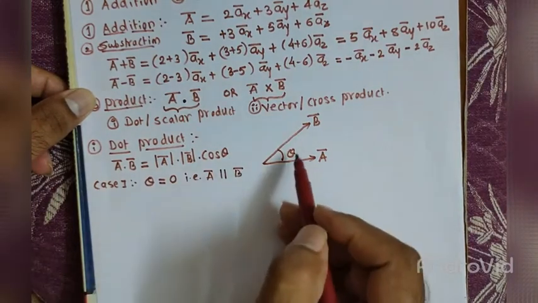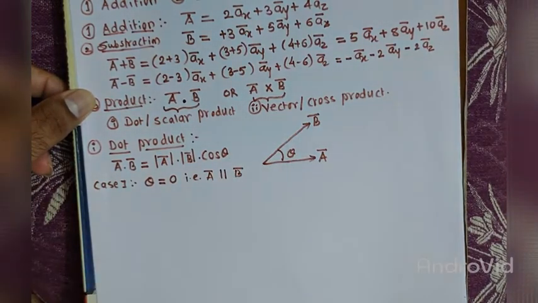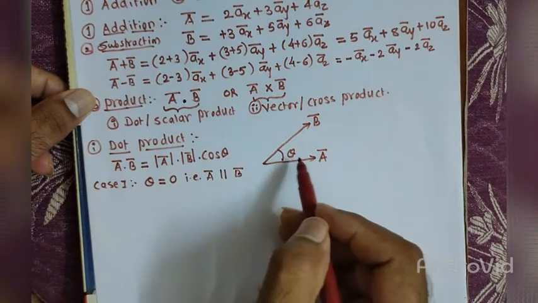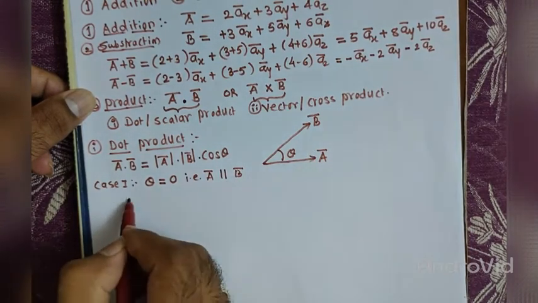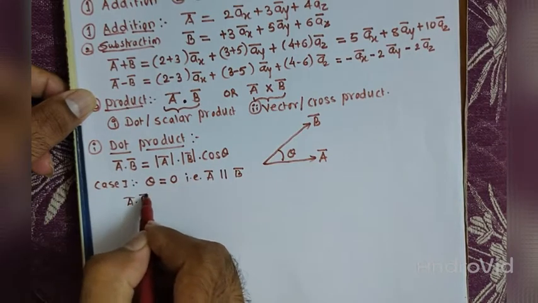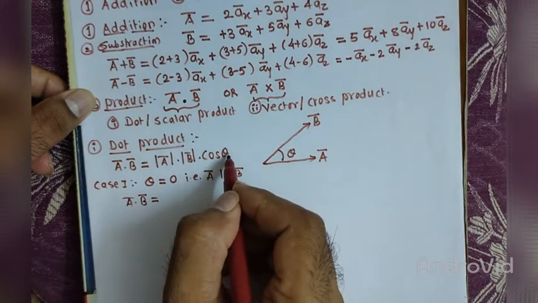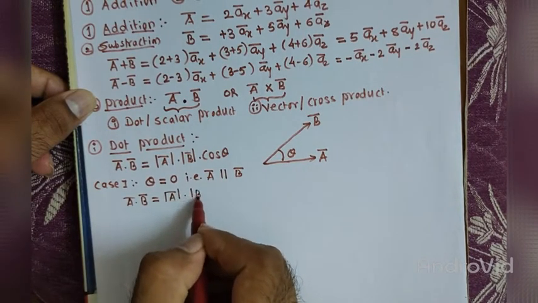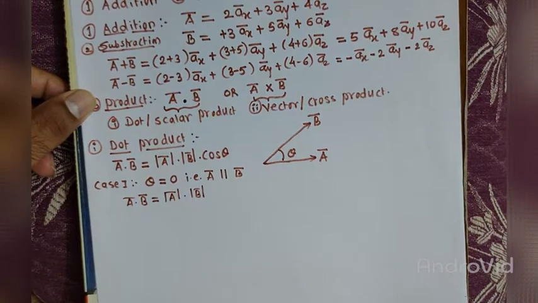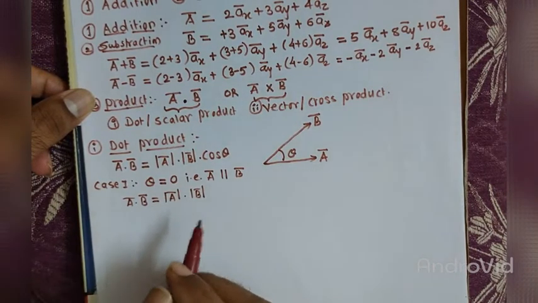A bar and b bar both are collinear, or they are parallel to each other, because theta angle is 0. So when the two vectors are parallel to each other, then what is the dot product between these two? So cos theta, theta is 0, cos 0 is 1, so it is mod a mod b. Got it, everyone? So this is case number 1.